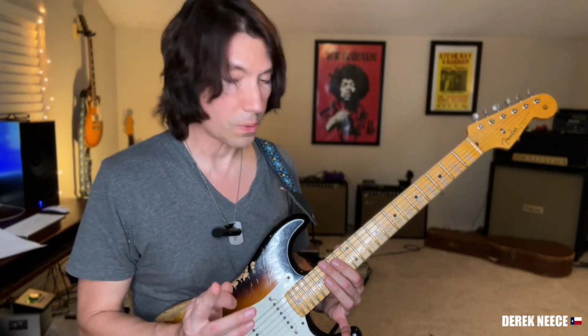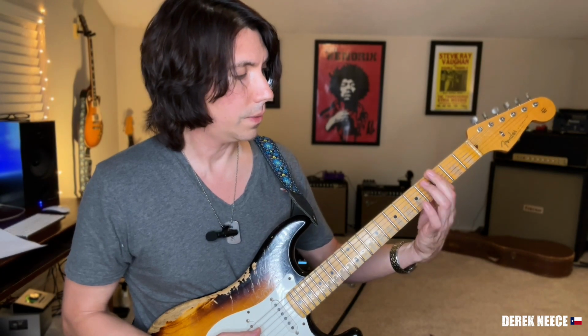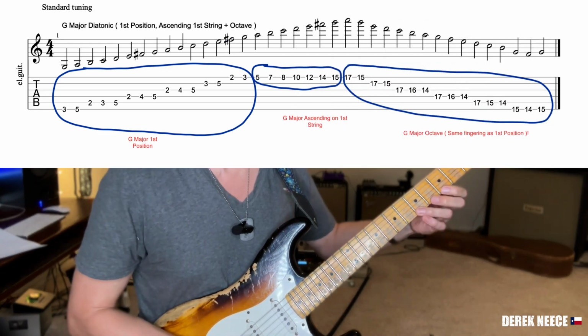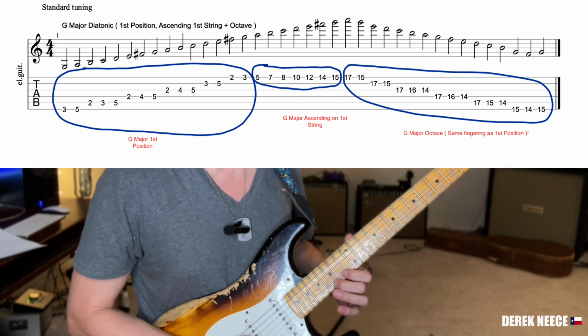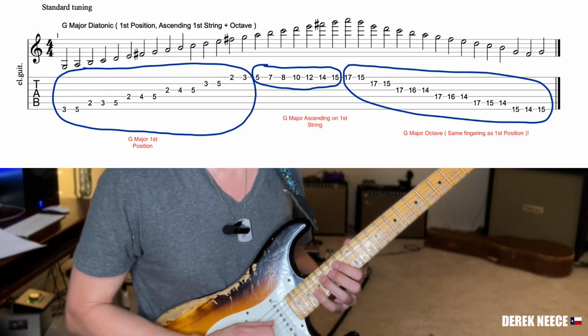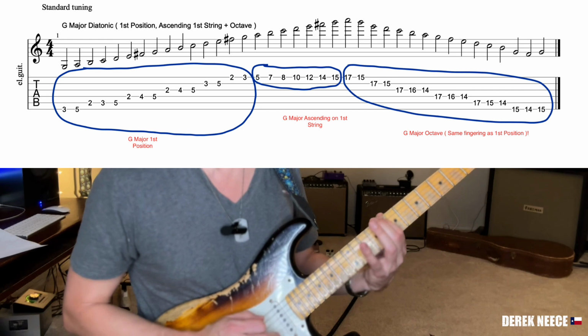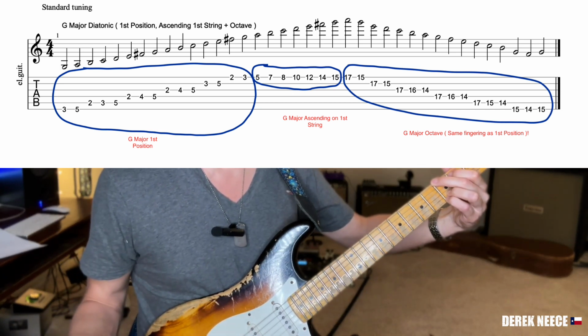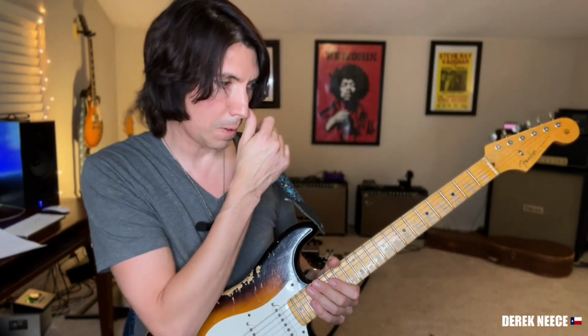Okay, and then if you want to get brave, you can go down the same way you came up on that high E string, and then you're back to G again. And that completes the cycle of the G major scale using both octaves.